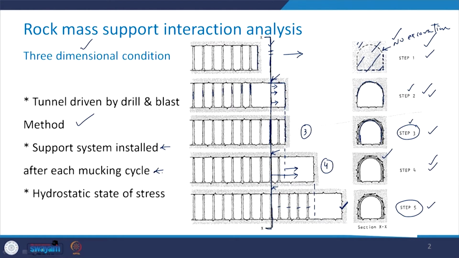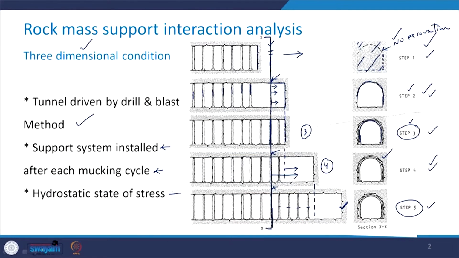That means you advance the tunnel some distance, whatever muck material results from advancing the tunnel should be removed, and then the support system is installed in that excavated region. The third condition is that it is assumed there exists a hydrostatic state of stress. This means that the horizontal as well as the vertical stresses are the same.